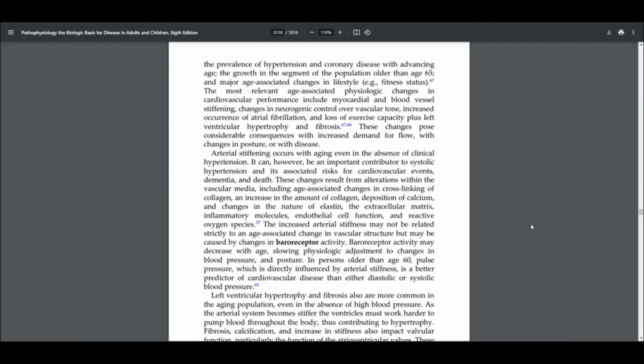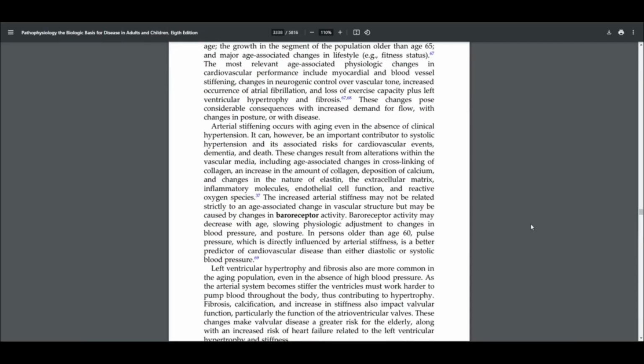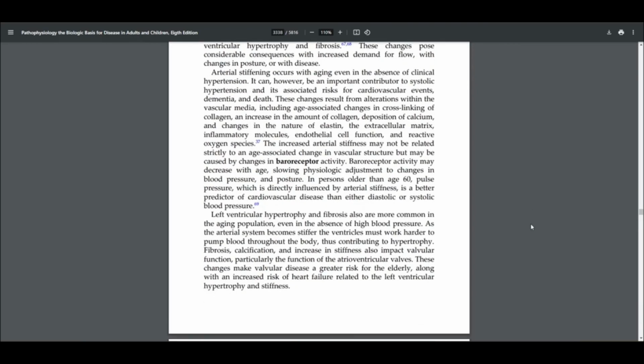These changes pose considerable consequences, with increased demand for flow, with change in posture, or with disease. Arterial stiffening occurs with aging, even in the absence of clinical hypertension. It can, however, be an important contributor to systolic hypertension and its associated risk for cardiovascular events, dementia, and death.